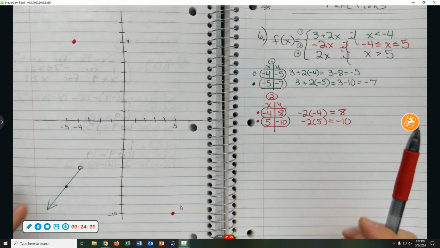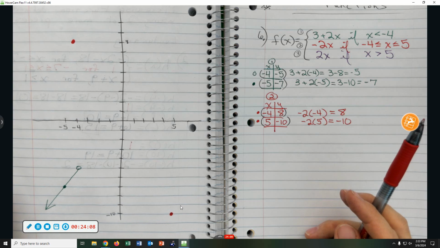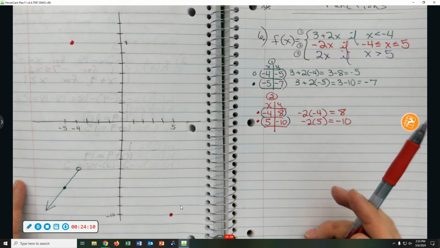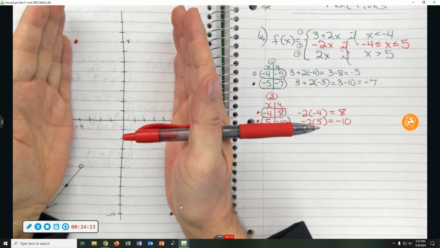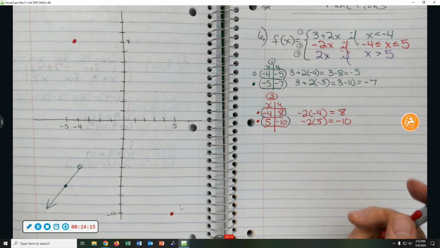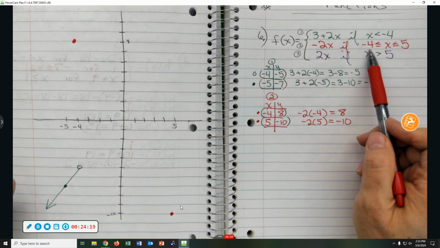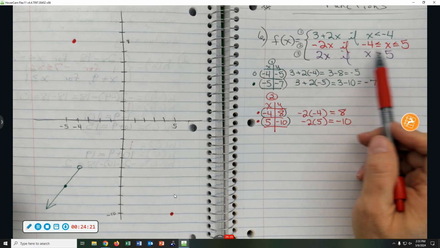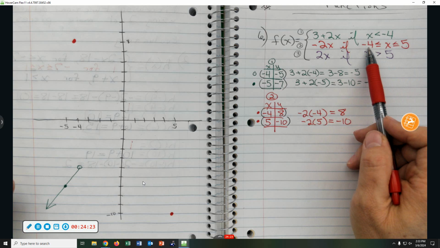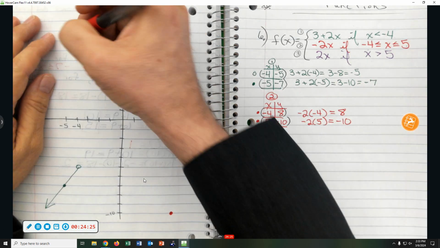It should be clear to you that the red graph has to be between -4 and +5. Will there be arrowheads? If so, on which side? There will not be arrowheads. This interval doesn't keep going and going forever. It starts at -4, it stops at 5.